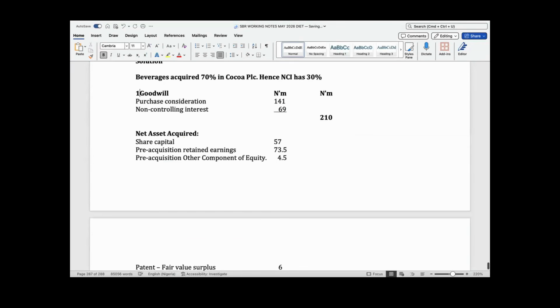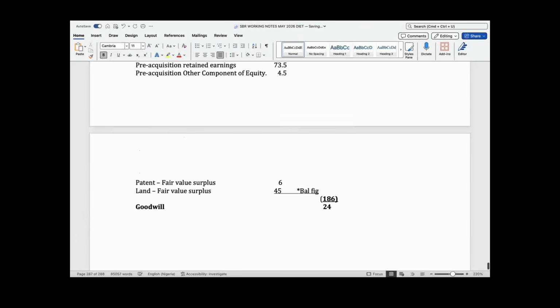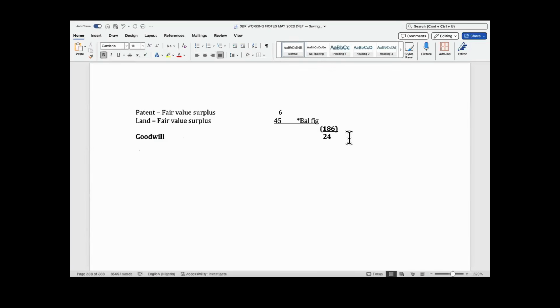If this is my workings one, that amortization of patents, and make it my workings two. It's simply 6 million.